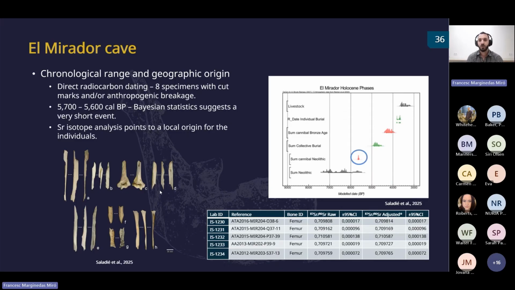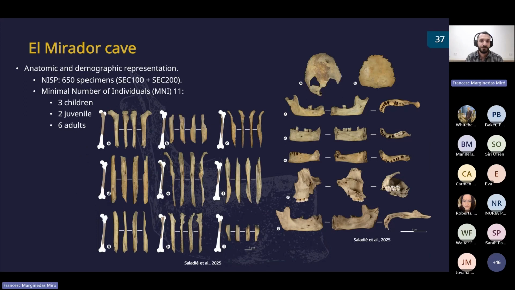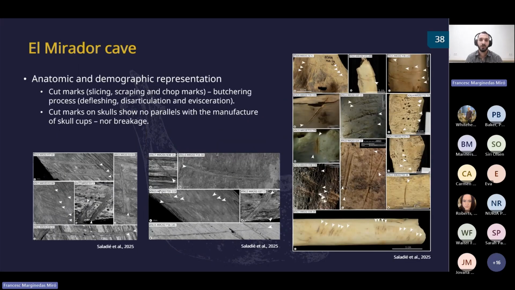Also, the strontium isotope analysis indicates that the individuals were likely of local origin. So the assemblage includes 650 specimens with a minimum of 11 individuals: 3 children, 2 juveniles, and 6 adults. Cut marks, as in the other cases, are linked to soft tissue removal and the disarticulation of the bones.